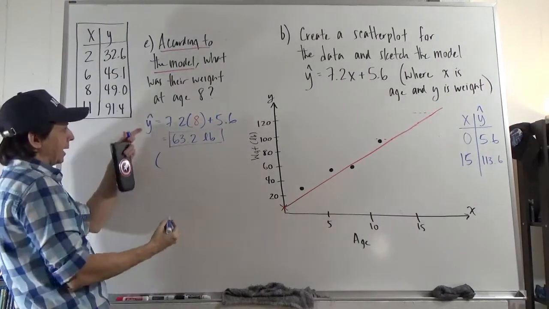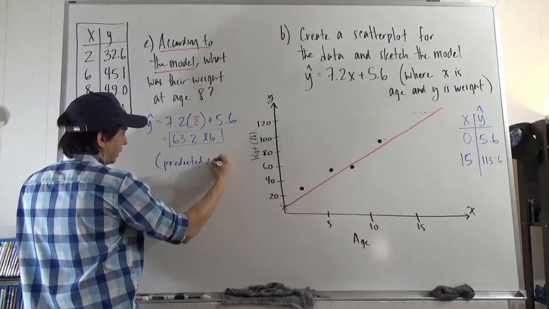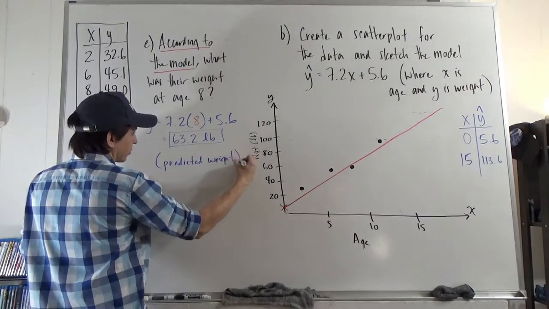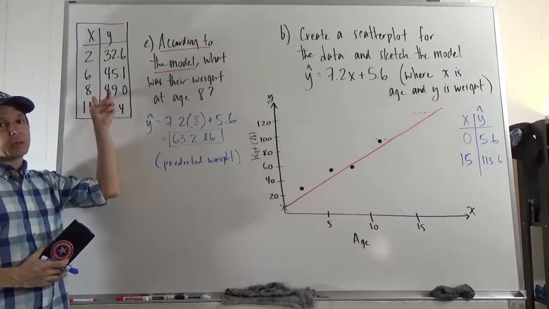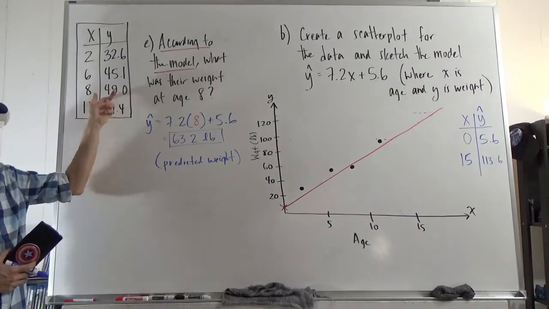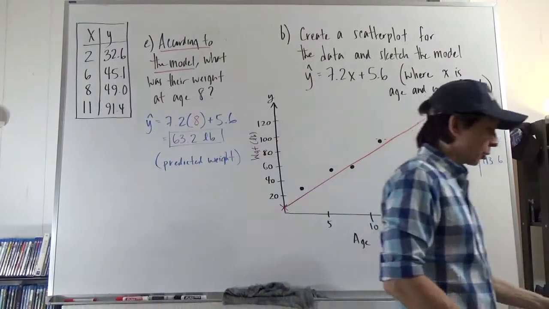That is the Y hat, which again is what the model predicts, the predicted weight according to the model. Was it accurate? It's pretty far off because the kid actually weighed 49.0, so the model was off.